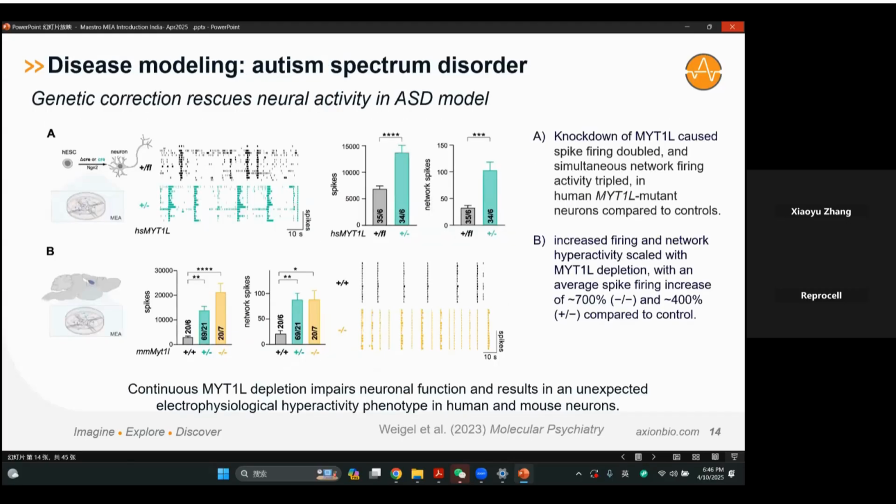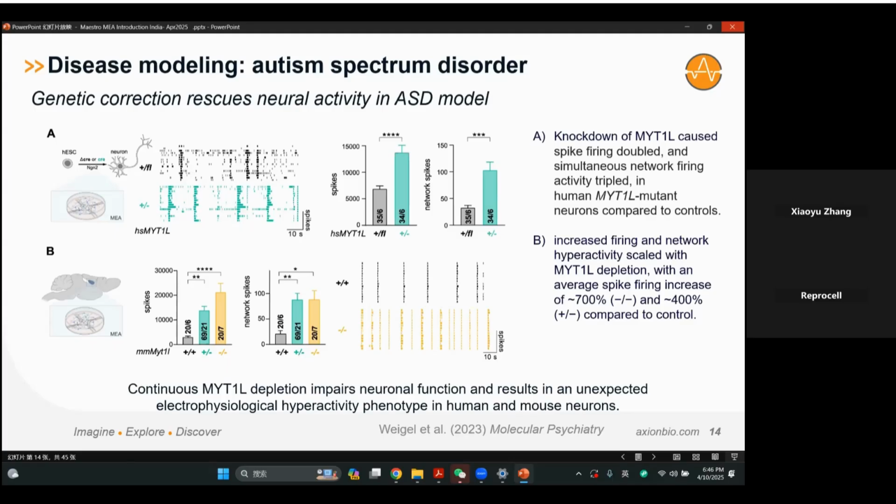And here is another example where a research team used Maestro MEA for autism disease modeling. MYT1L is a transcription factor associated with autism and is expressed in virtually all neurons throughout life.